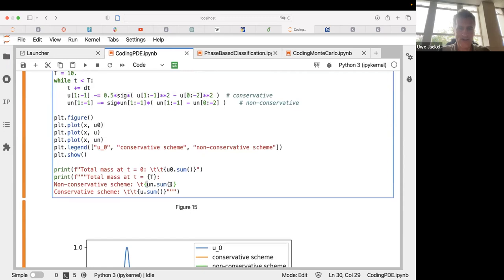Then we compute the total mass by summing up all the values. Actually, I should write times delta x, times dx. Only then it's the integral, or an estimate of the integral.